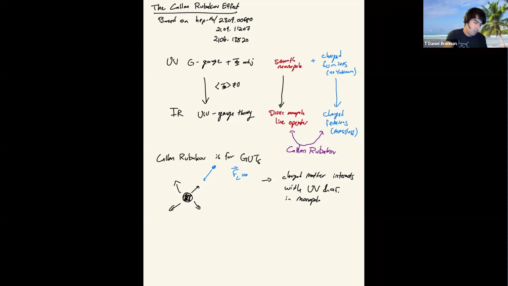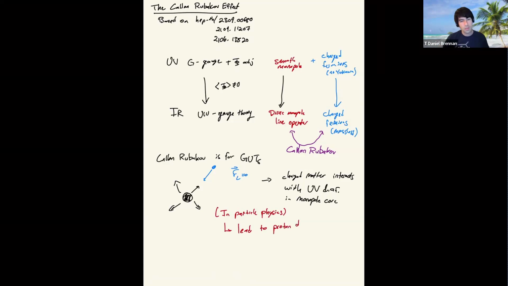This was originally studied, as I said, in GUT theories, in the context of particle physics. This is important because GUT theories traditionally break the symmetry of the standard model known as U1 baryon number, and because of that, this is thought to lead to proton decay.